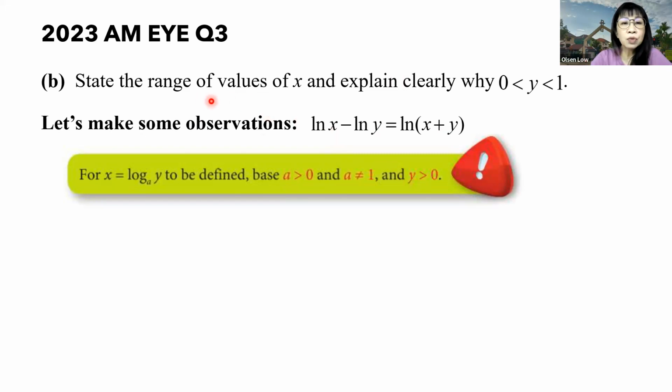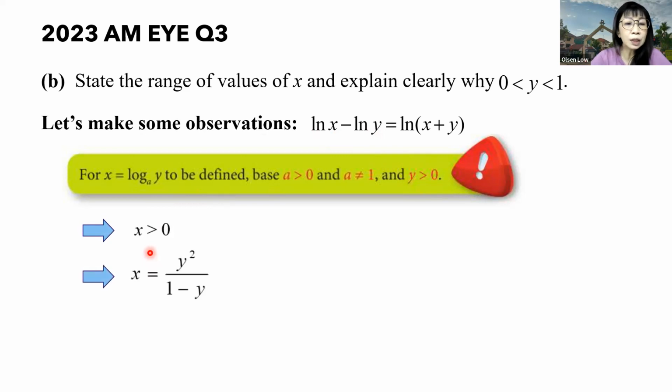If I want to state the range of values of x, x belongs to ln here, which means the value of x has to be greater than 0. Likewise, the value of y has to be greater than 0 in order for the log function to be defined. So I know that my range of values of x has to be greater than 0.